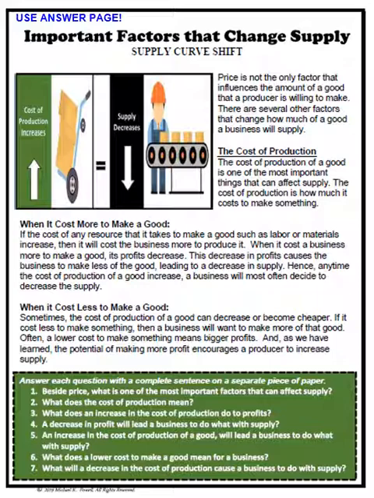Number 1, besides price, what is one of the most important factors that can affect supply? 2, what does the cost of production mean? 3, what does an increase in the cost of production do to profits? 4, a decrease in profit will lead a business to do what with the supply? 5, an increase in the cost of production of a good will lead a business to do what with supply? 6, what does a lower cost to make a good mean for a business?